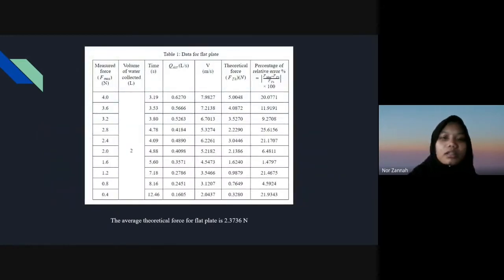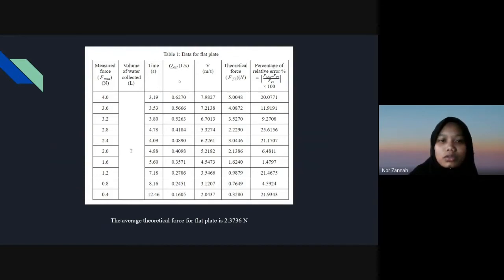This is the table where we enter the values we got from the experiment, which are measured force, volume of water, and also the time. So we need to calculate Q actual, V theoretical, force, and also percentage of relative error.